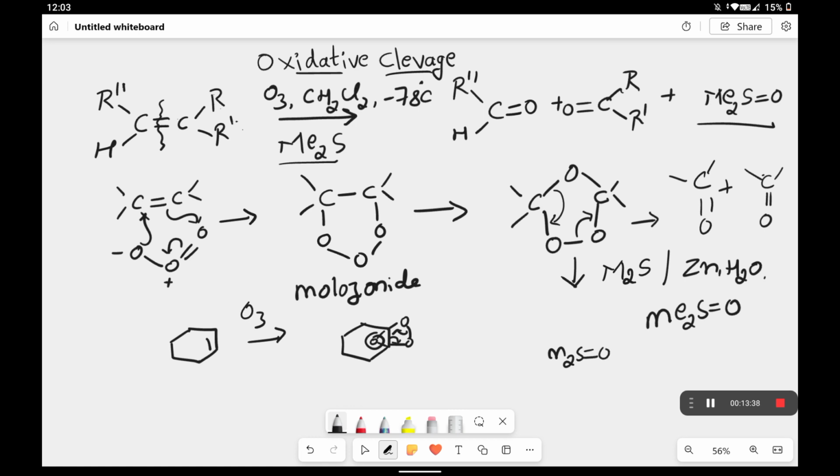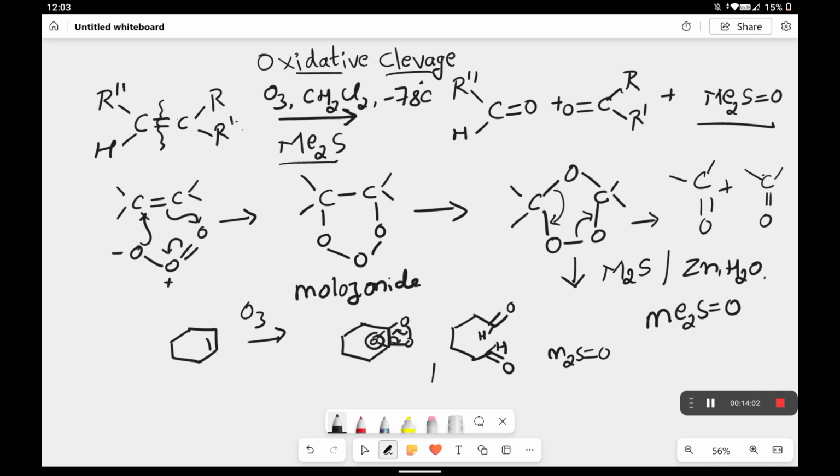Here this carbon-carbon bond is going to break, so this develops a carbon atom over here, and you will get one hydrogen here. Here also one more hydrogen is added.